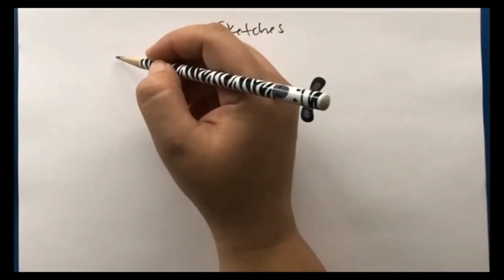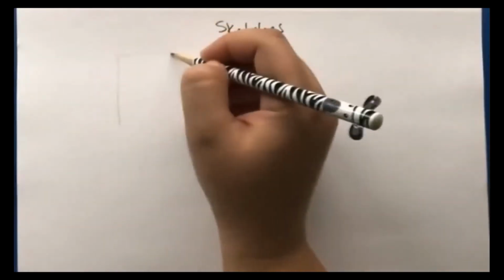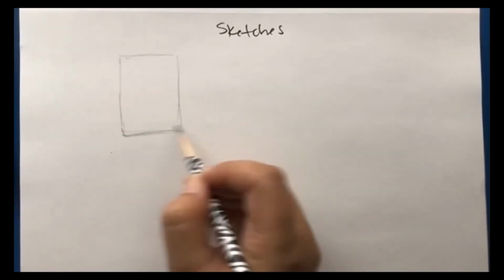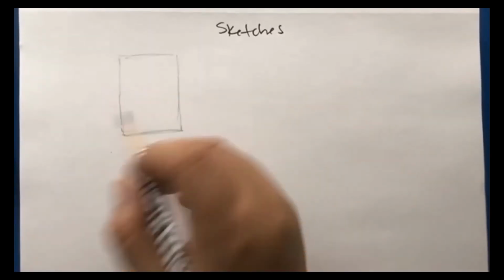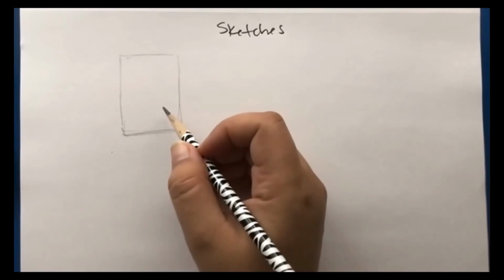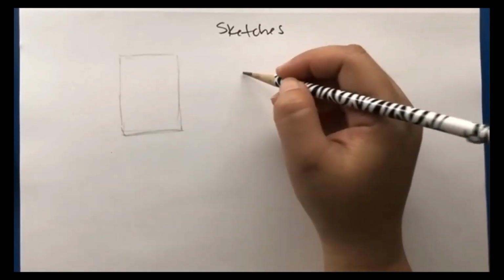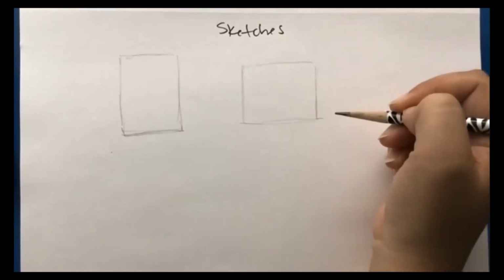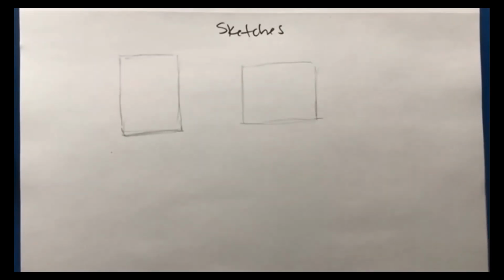So do you want your sketches to be vertical, or portrait mode? This is really good for faces. Horizontal, or landscape mode, is better for landscapes because it's wider, so you can see more in your sketch.